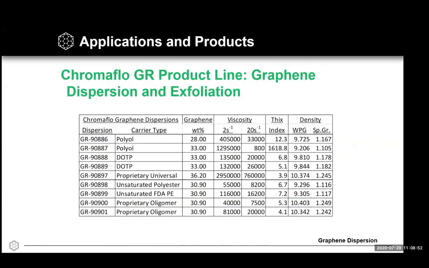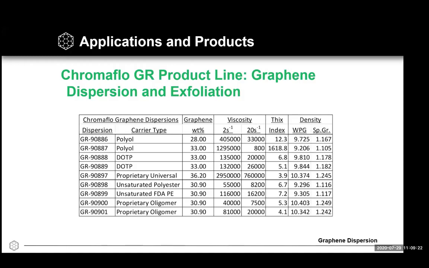So here, we are giving a quick view. We have developed several graphene dispersions that are very highly loaded, with 28% to 36% graphene loading in different carriers, like polyol, DOPT, and some polyester resin systems.